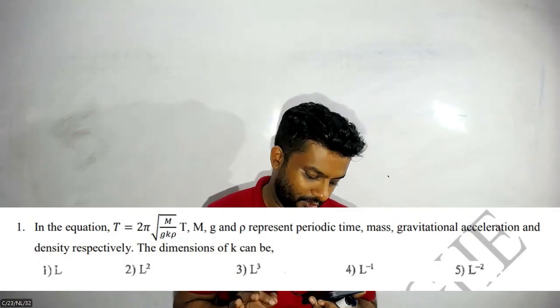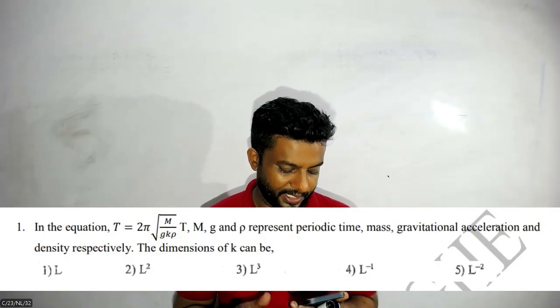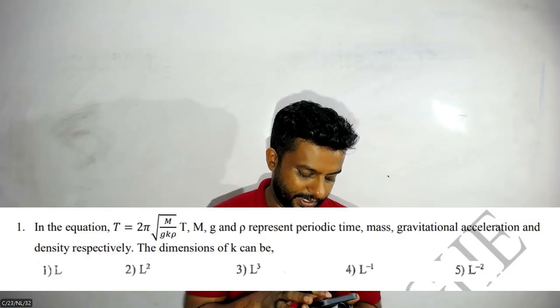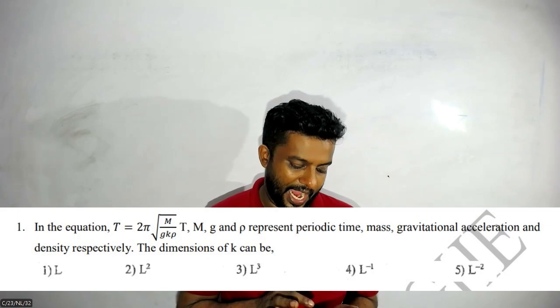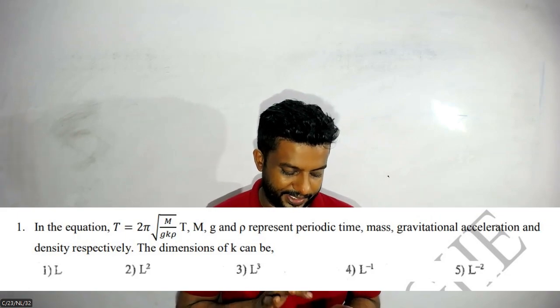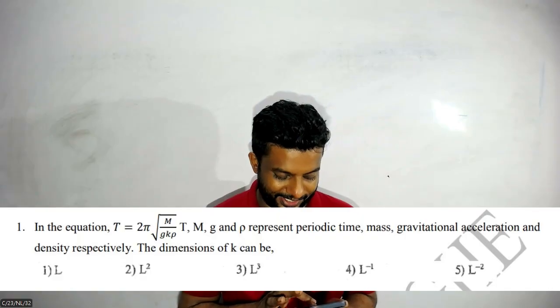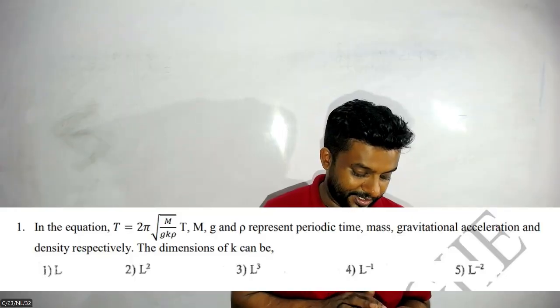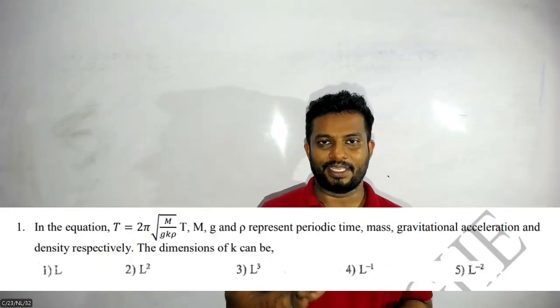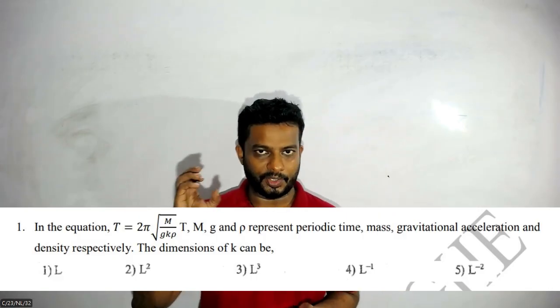In the equation T equals 2π square root of M over gKρ, T, M, g and ρ represent periodic time, mass, gravitational acceleration, and density respectively. The dimensions of capital K can be. Here you have to find the dimensions of the unknown term.